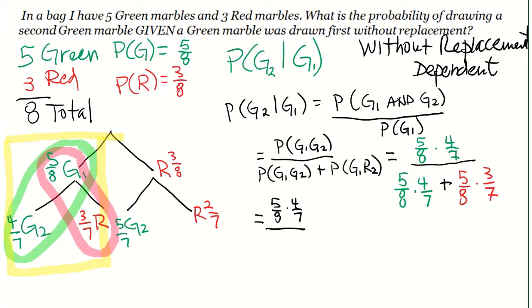Both of my terms are multiplied by 5/8, so I'm going to use algebra and just pull that out. Combine my like terms, then I've got 4/7 plus 3/7. My 5/8 on the top is going to cancel out with the 5/8 on the bottom.